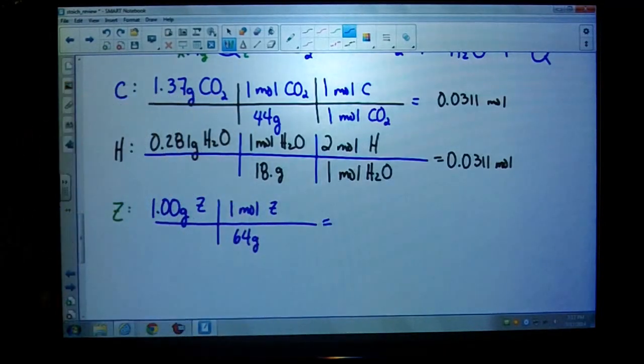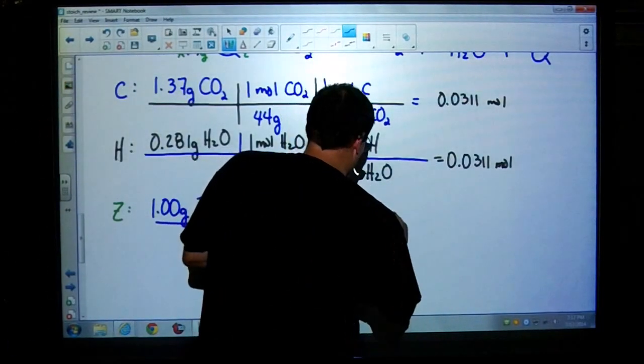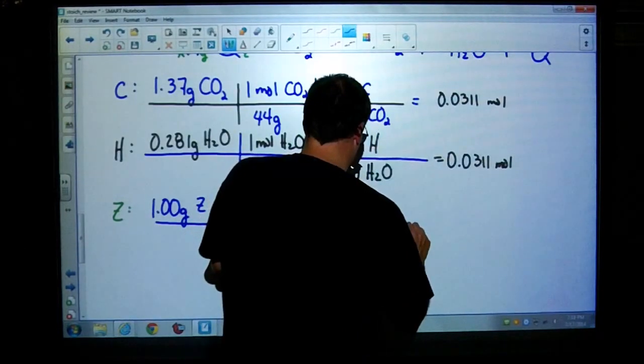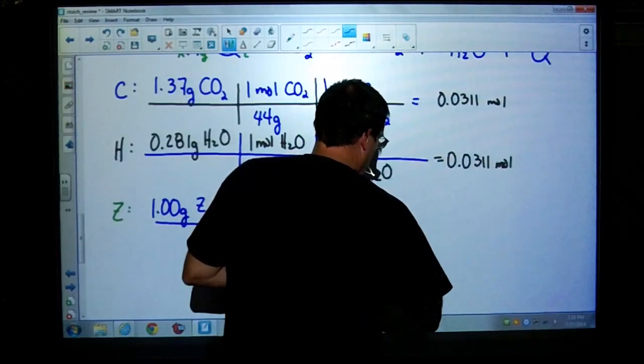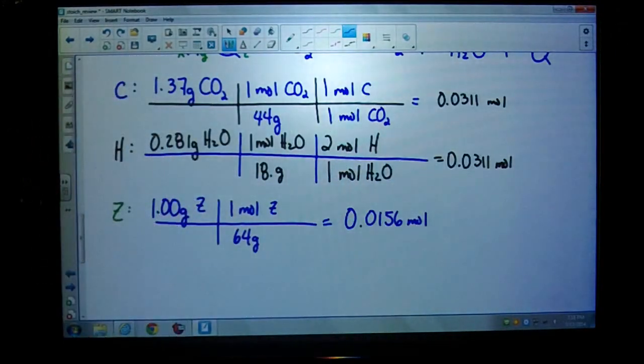Let's try something here. So 1 divided by 64 is equal to 0.0156 moles.